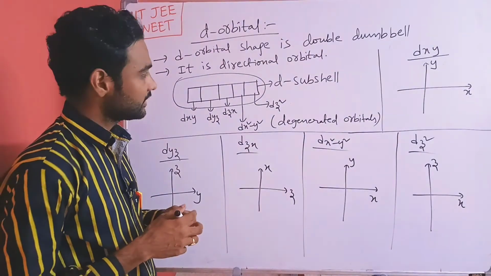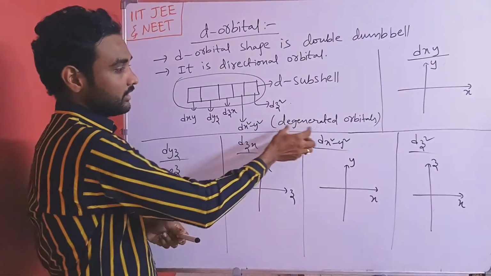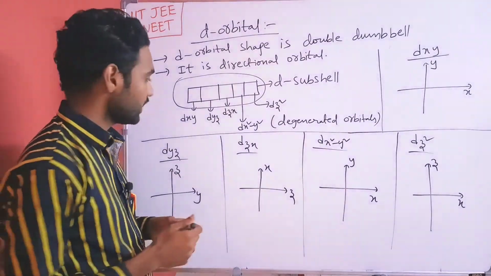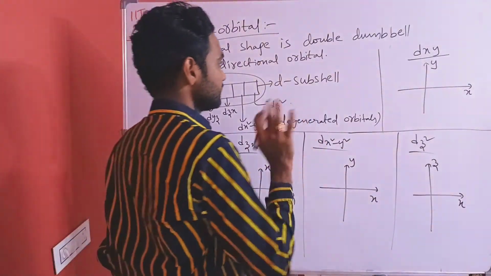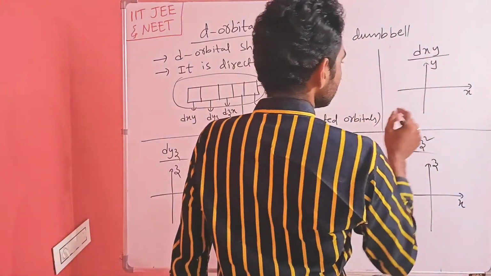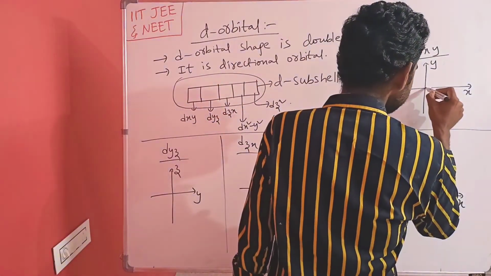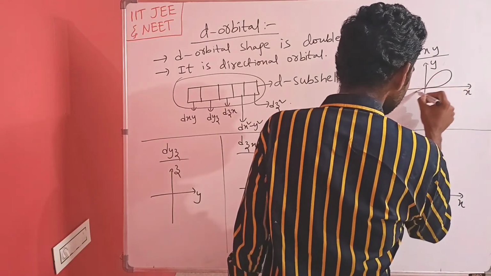These are called degenerate orbitals, meaning orbitals containing equal energy. Now let me draw the diagrams. First dxy: the lobes are present between the axes, not along the axes. This is the double dumbbell shape.